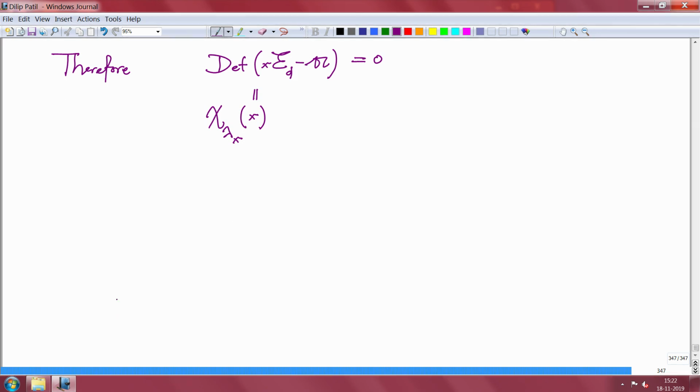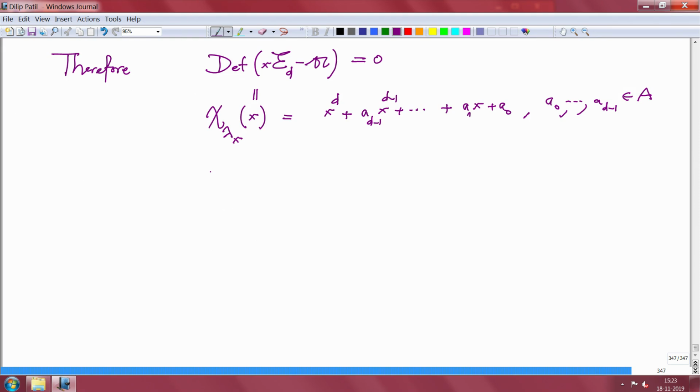And what is this? This is a monic polynomial in x of degree d: x to the d plus a_{d-1} x to the d minus 1, etcetera, plus a_1 x plus a_0, where a_0 to a_{d-1} are elements in the ring A. So we got a monic polynomial which is 0.